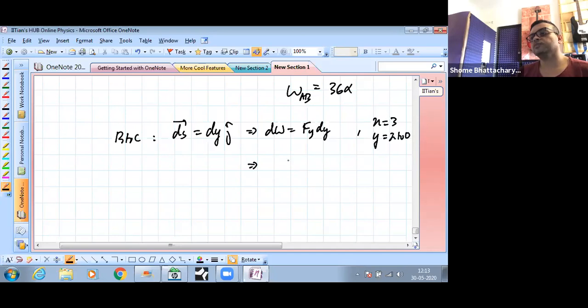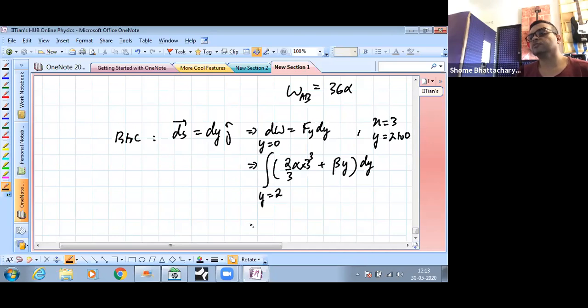So this would have become 2 by 3 alpha x cube, so 3 cube, plus beta y dy integrated from y equal to 2 to y equal to 0.